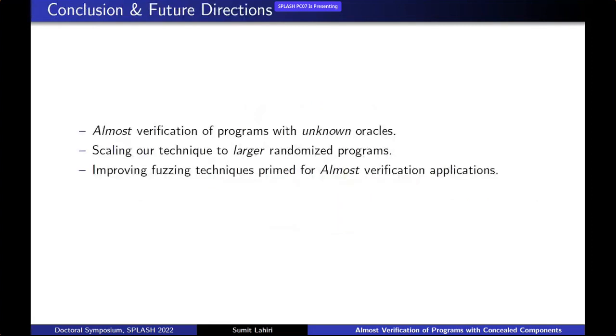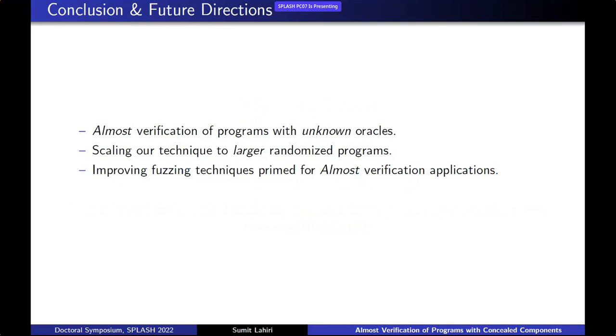Okay, so I think, coming back here, I would like to focus more on points 2 and 3. Point number 1 is something we have just started exploring, so we are not very sure what to do with it. But for points 2 and 3, we are already trying to improve upon working with larger randomized programs, or tune the way fuzzing works for almost verification.